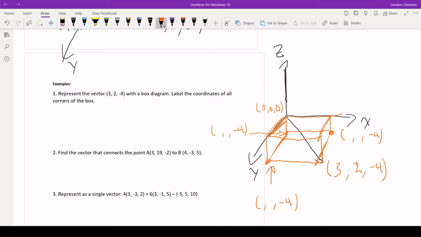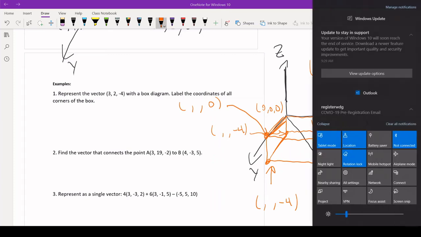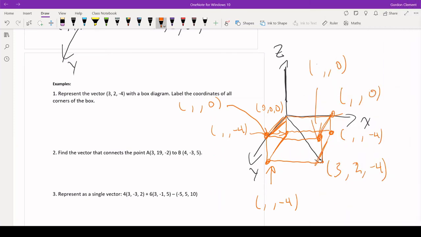And everything on the top of the box is going to have a z value of 0. Trying to find spots to write my points. I think I got all my z's filled in. I think I've got blanks for all 8 points there.